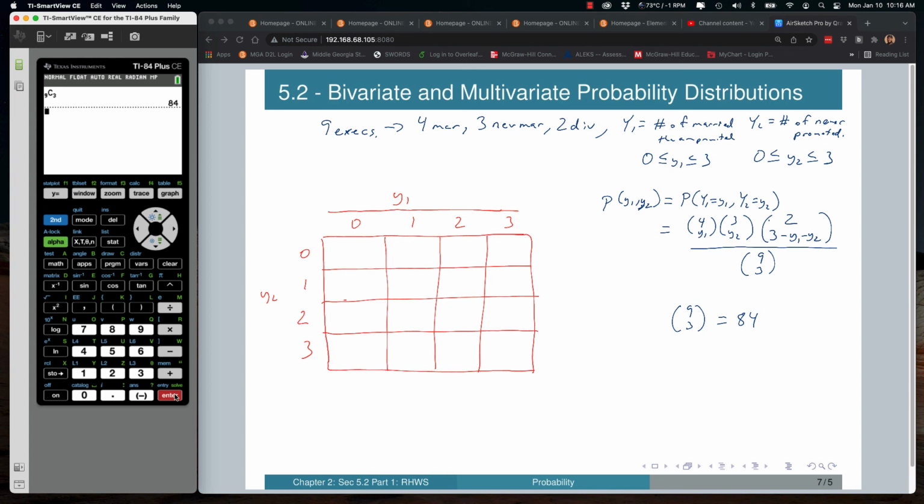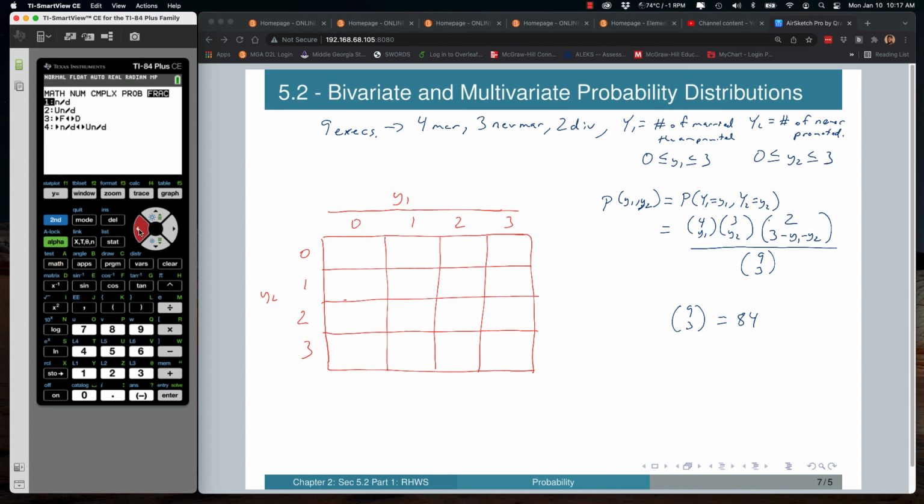So I'm going to make myself a probability function here in my calculator. This is going to be 4 choose 0, and then we can just call this back every time we want to use it.